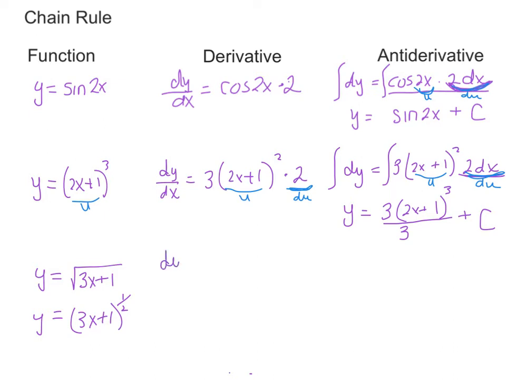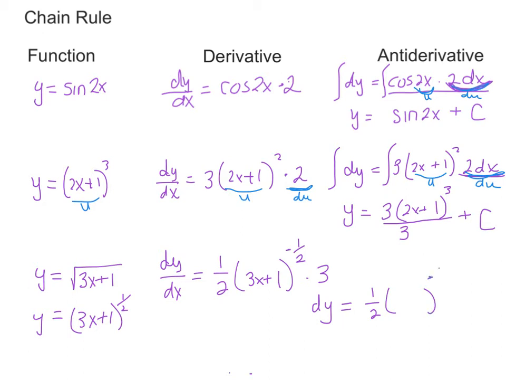So I have dy dx equal to 1/2 times the inside to the negative 1/2, we write the inside just the same, times the derivative of the inside. If we want to take the antiderivative, dy equals 1/2, negative 1/2 times 3 dx, 3x plus 1. Notice that's the derivative of the inside again.